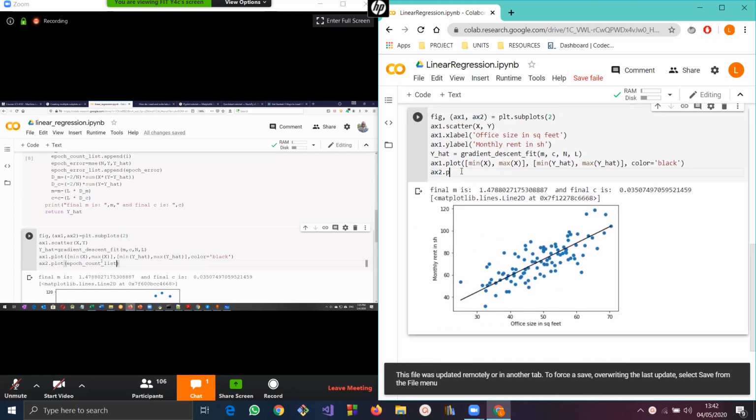Fine. Then that's the x-axis, and the y-axis is just the epoch error list, the epoch error list to sit on the next axis.